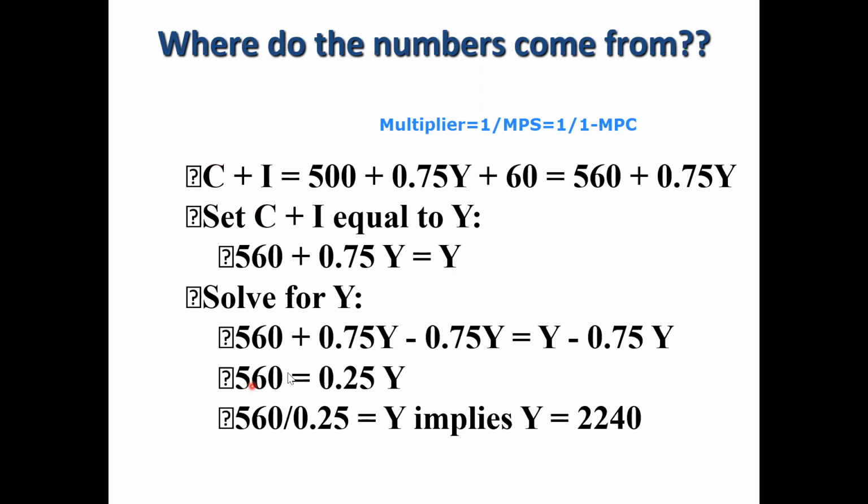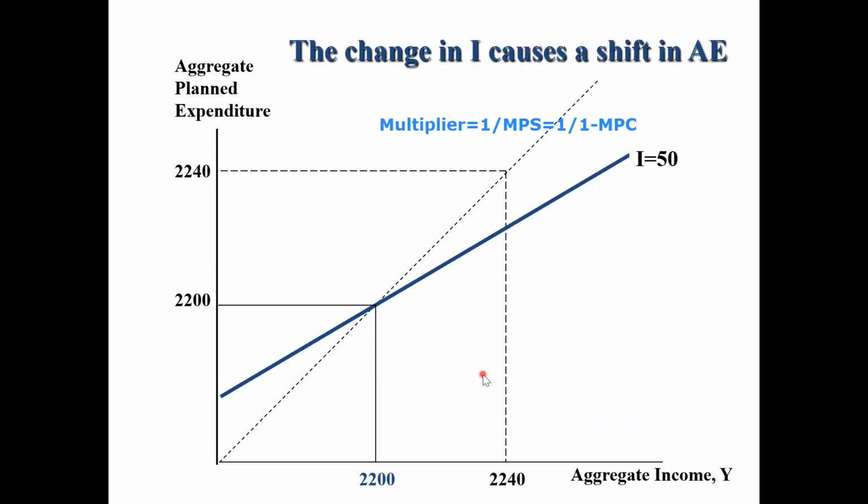So we have 560 equal to 0.25Y. So we have 560 divided by 0.25. So here Y is equal to 2,240. So with an increase in investment by 10, an increase in income happened by 40, which means that the multiplier is equal to 4.